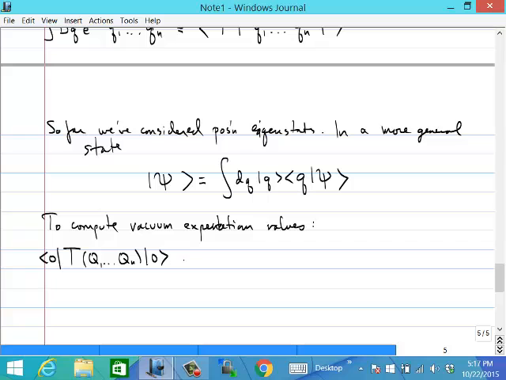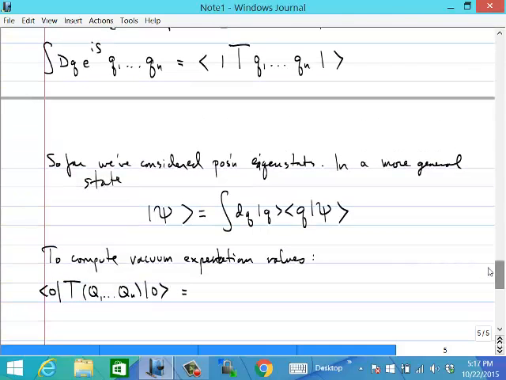How would we do this? Here, I guess I should have called these capital Q's up above, because I was using capital Q's to refer to operators. Well, we would first need to write the ground state in terms of a sum of position eigenstates, and then you would need to do an integral of the sort that I've written here to rewrite the ground state expectation value in terms of a sum of position state expectation values.